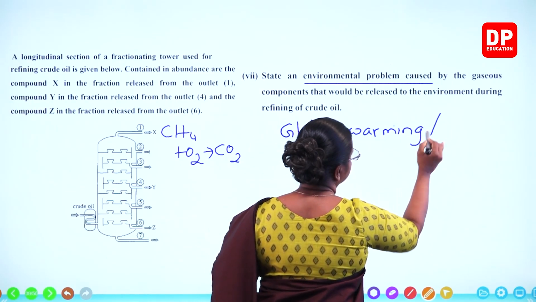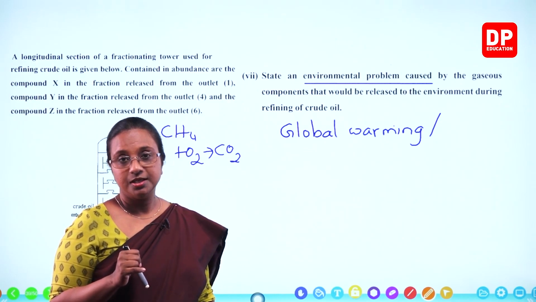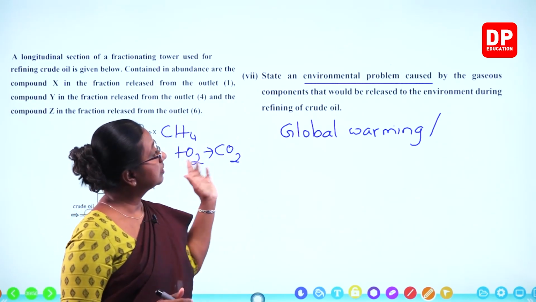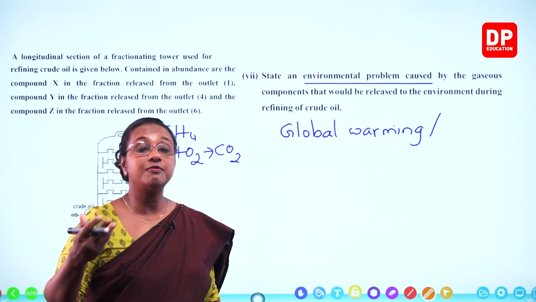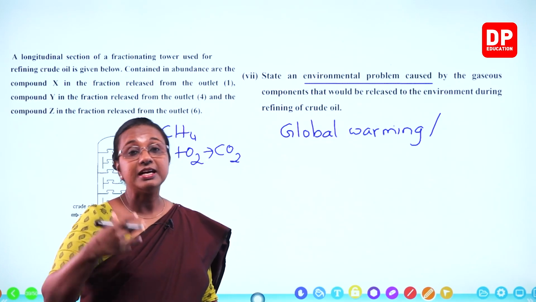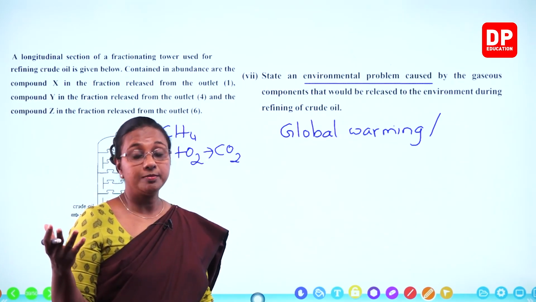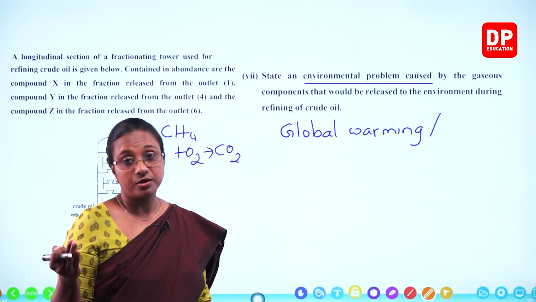Global warming. Is that the only problem that can occur? No. Now from burning of these components, combustion of fuel in vehicles, emission from vehicles, when they combine with the environmental, the water molecules and all that, you get the photochemical smog.